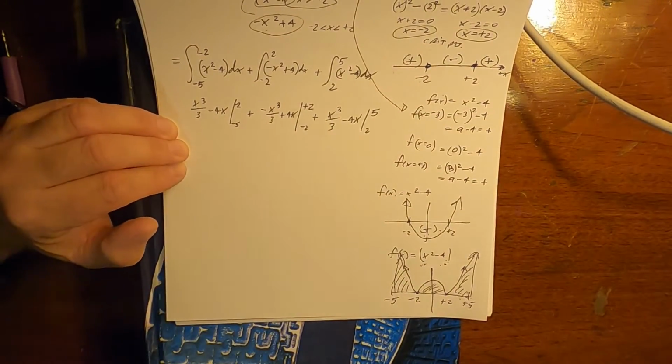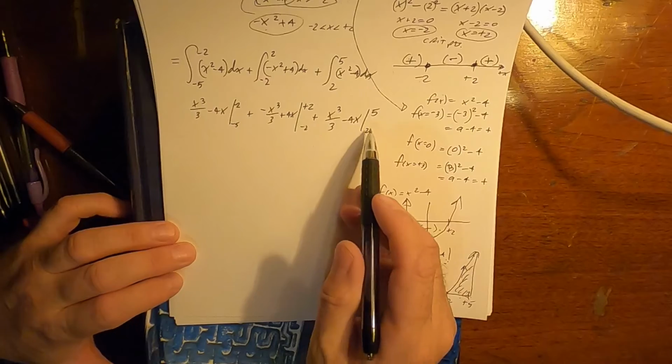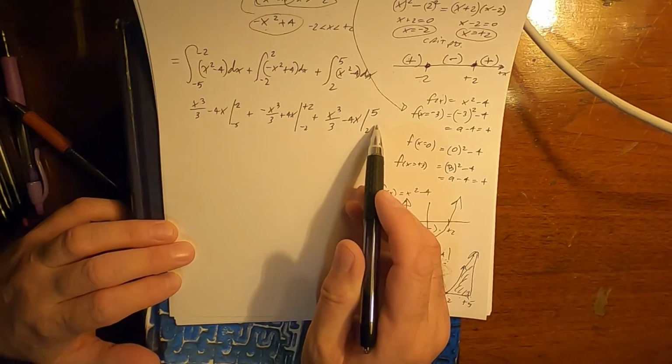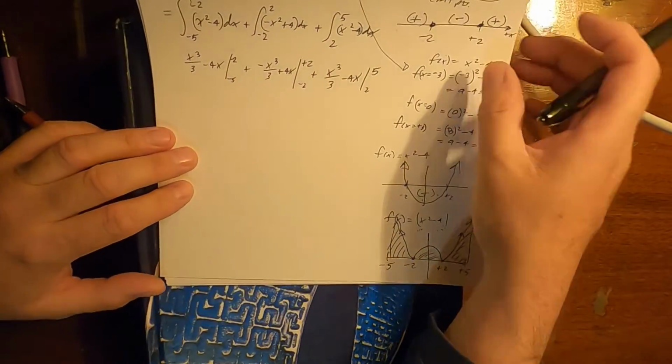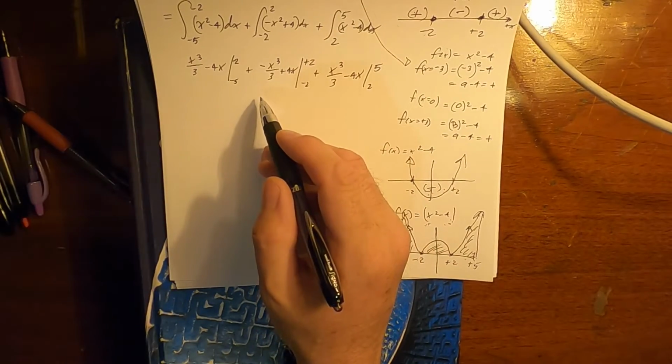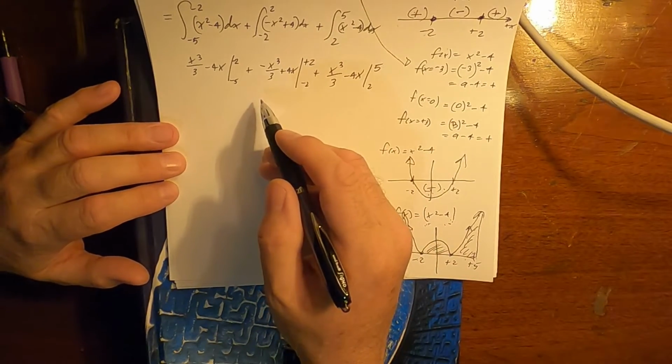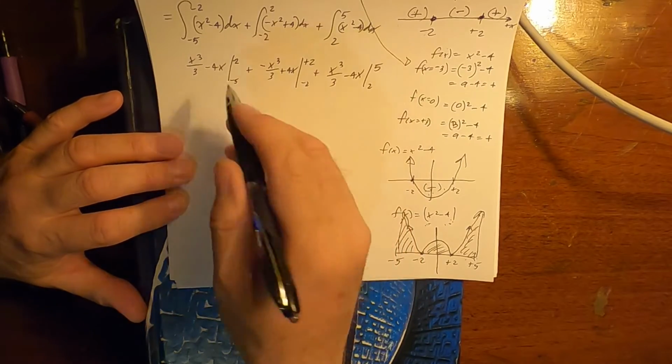You would get the plus c here, but as you know, with definite integrals the plus c is going to cancel out, so I don't have the plus c as I would when we're not dealing with definite integrals. Okay, let's put in the numbers.